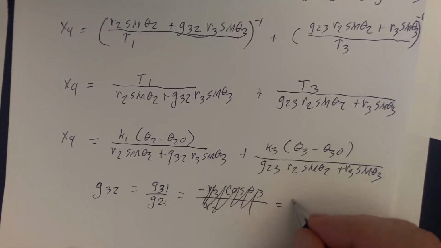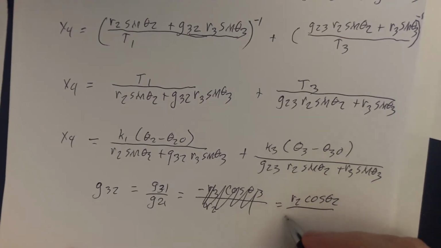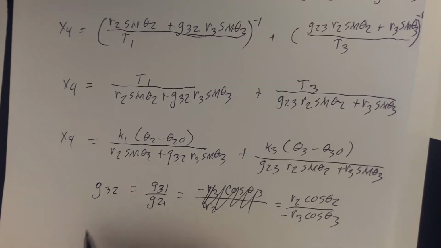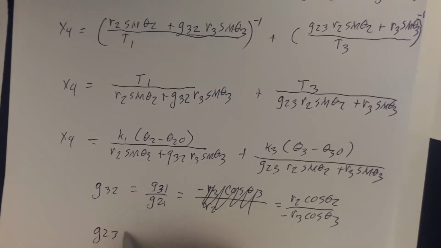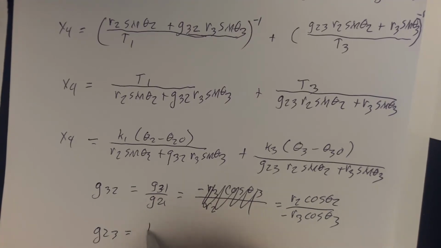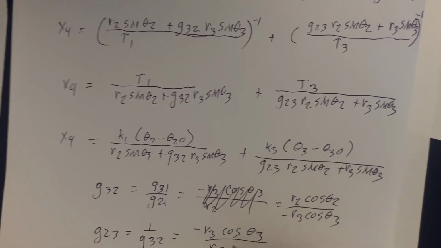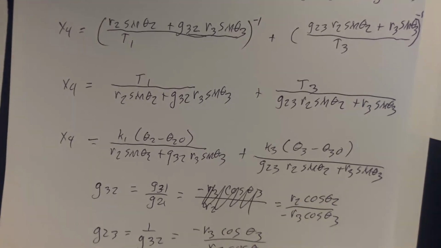It's going to be R2 cosine theta 2 divided by minus R3 cosine theta 3, and G23 is just going to be the reciprocal of that, and so that's just going to be minus R3 cosine theta 3 divided by R2 cosine theta 2.